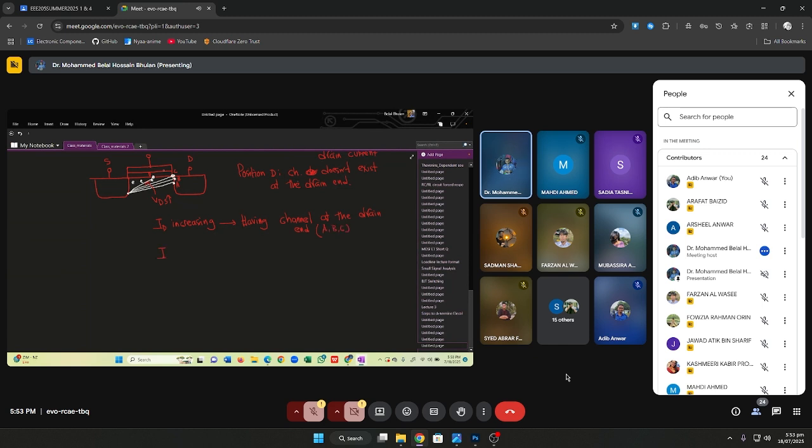ID constant is like when the channel doesn't exist at the drain end, which was our position D. So I can relate the ID increasing with having the channel at the drain end. So that's how we can relate.